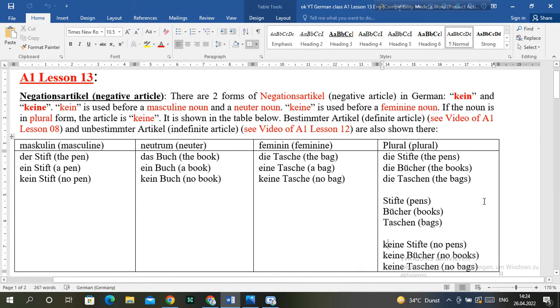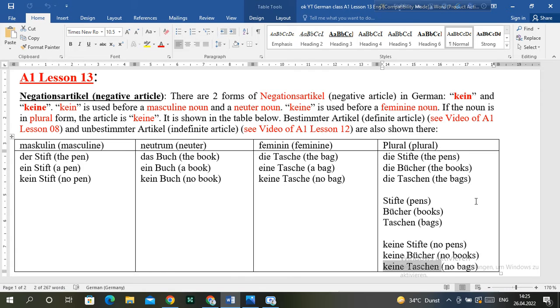And if we want to use a negations article before a noun in plural form, then the negations article is always keine, irrespective of whether the noun is masculine or neutrum or feminine. As for example, keine Stifte, no pens, keine Bücher, no books, keine Taschen, no bags.